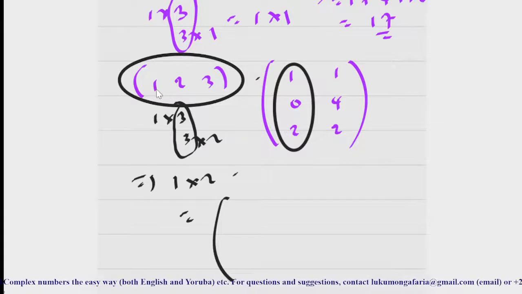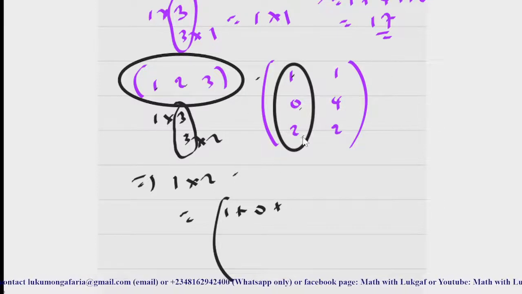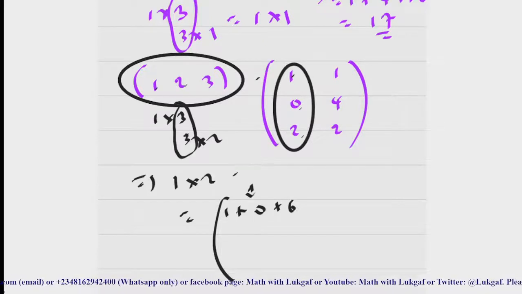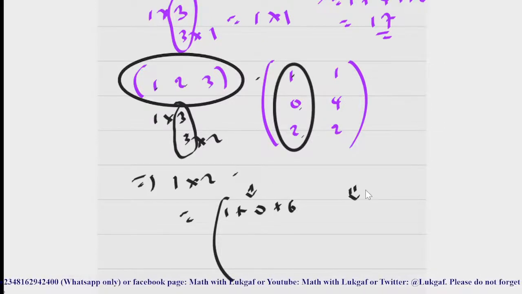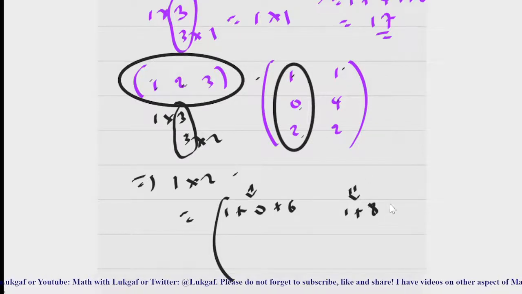So then we now have 1 times 1, 1, plus 2 times 0, 0. I hope you understand now. Then plus 3 times 2, 6. So you've done the first column here. Then you do the second column: 1 times 1, 1, plus 2 times 4, 8, plus 3 times 2, which is 6.